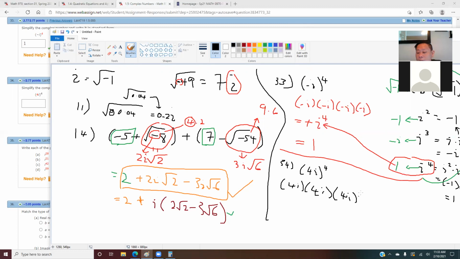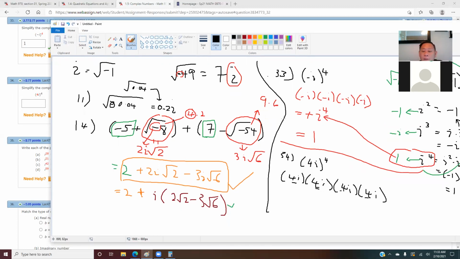So what is 4 times 4 times 4 times 4? You get 256. And i times i times i times i gives you i to the power of 4, which is 1. So what is 256 times 1? 256. So your answer in this case will be 256.